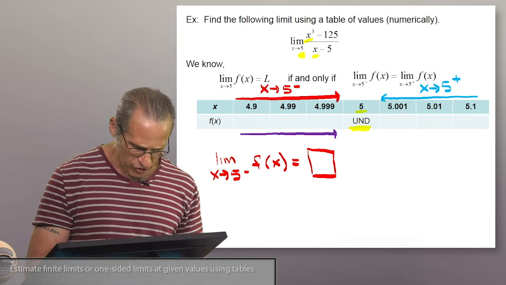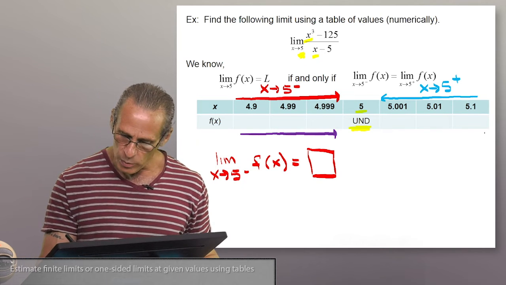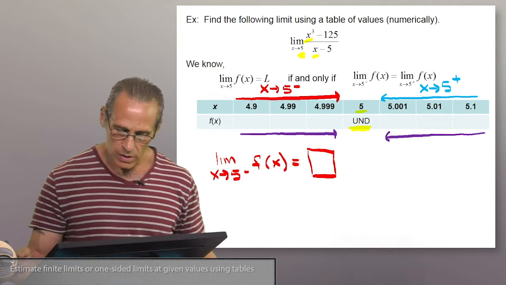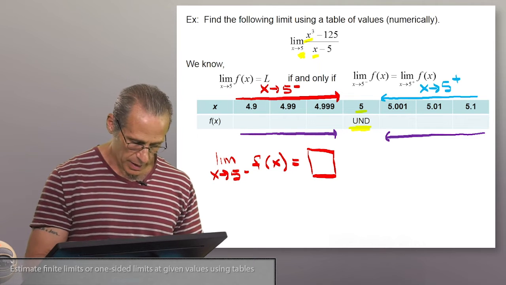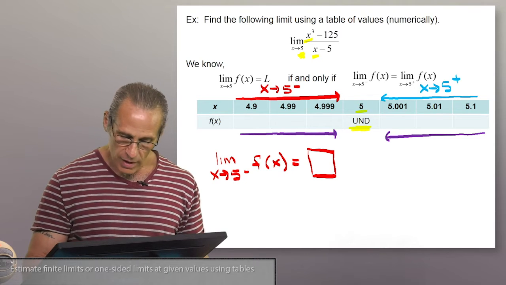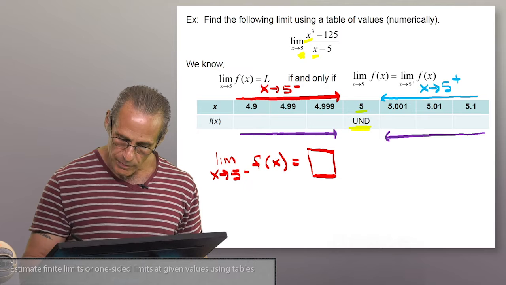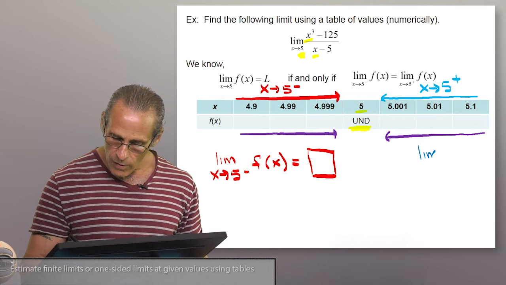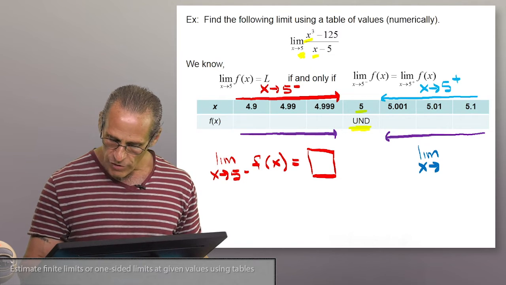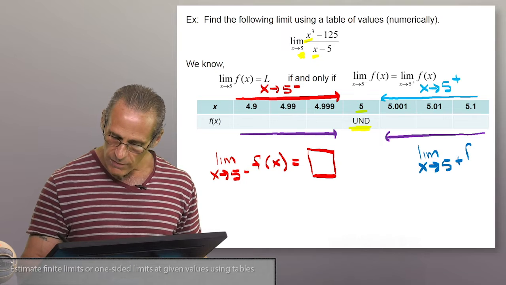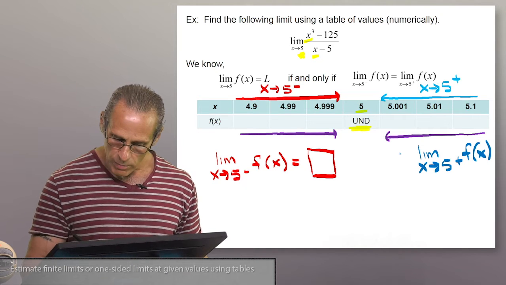And again, we're asking ourselves a very basic question, ladies and gentlemen, which is, are those outputs approaching a value? And if they are, then we would write the limit as x approaches 5 from the right of this function would be equal to some number.